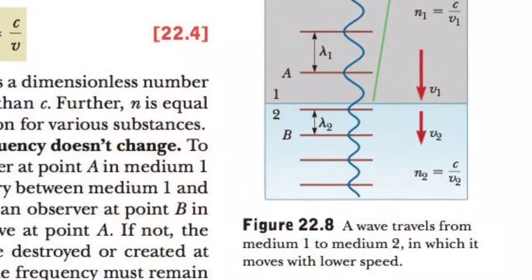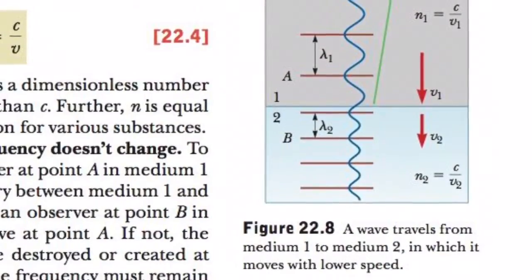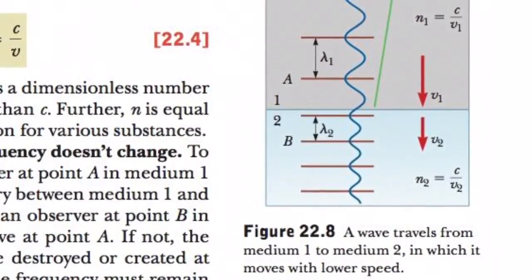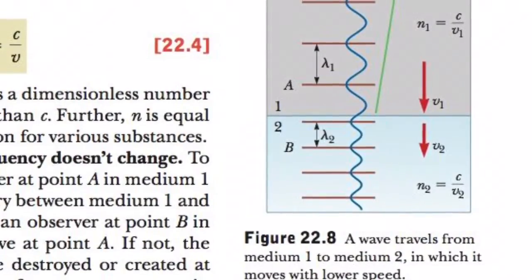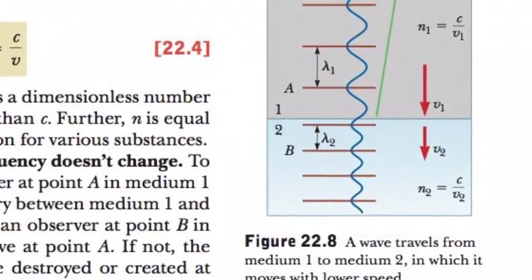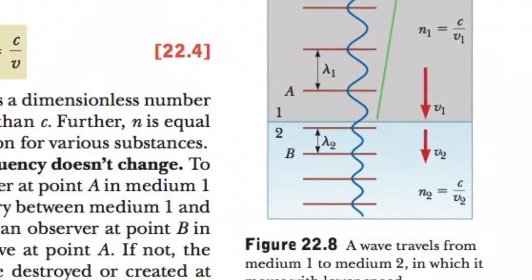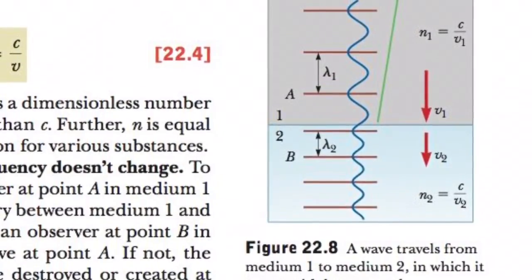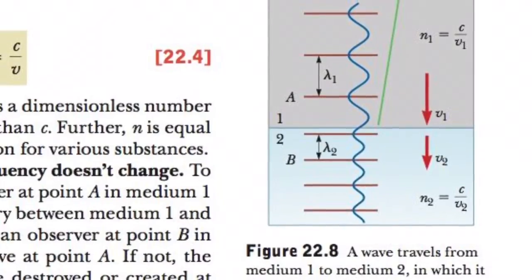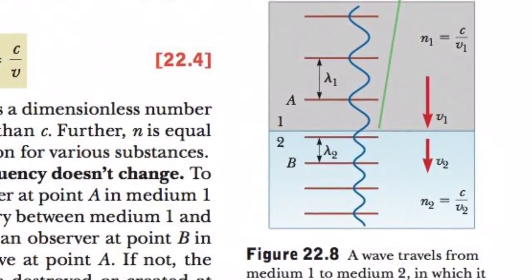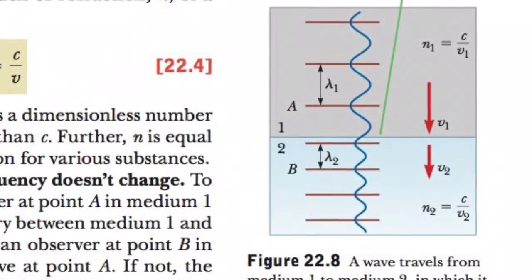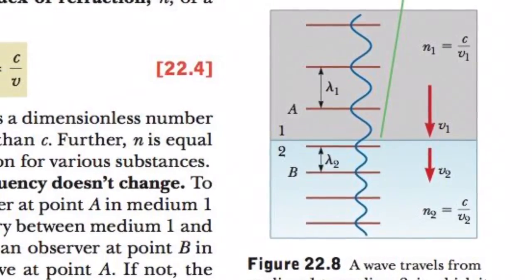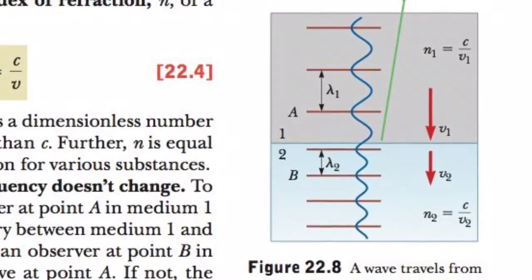One key thing to know is that the frequency does not change. As the light wave gets refracted and moves from one medium to the next, through the barrier, the wavelength may change and the speed may change, but the frequency does not change. As we can see in the picture, as the light wave moves from A to B, the wavelength gets smaller, and you can see this decrease in speed.